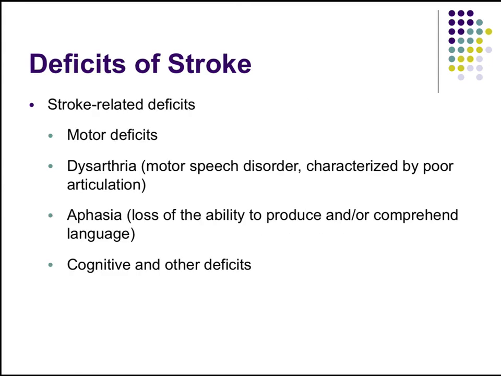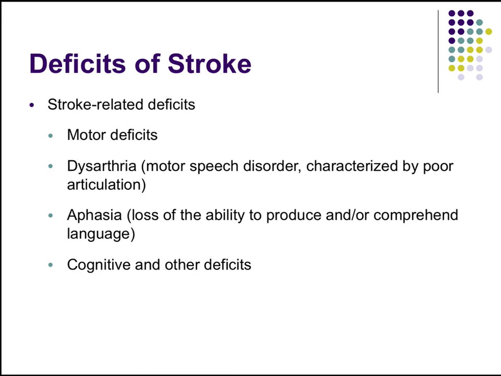So the deficits that are related to a stroke are really going to depend on what area of the brain is impacted. If it's part of the brain that's involved in movement, whether it's the primary motor cortex or the basal ganglia, then you might have motor deficits. It can be related to speech issues. So dysarthria would be a motor speech disorder, characterized by poor articulation.